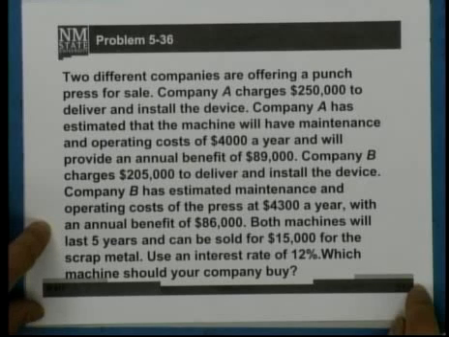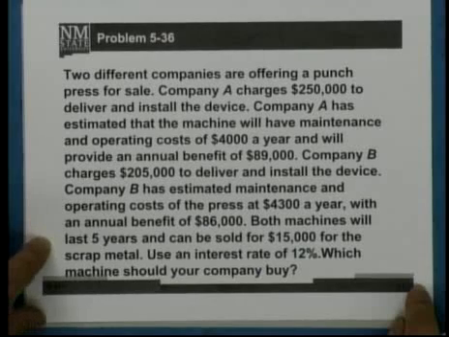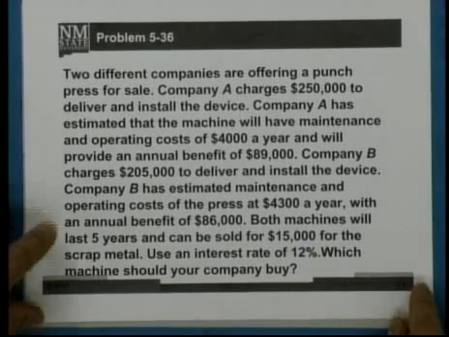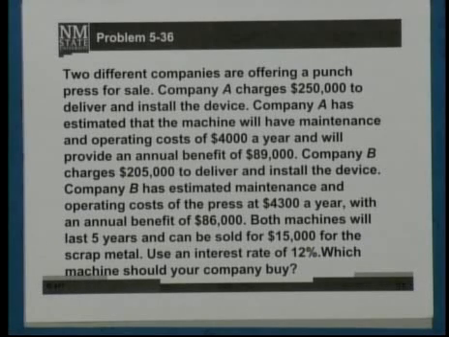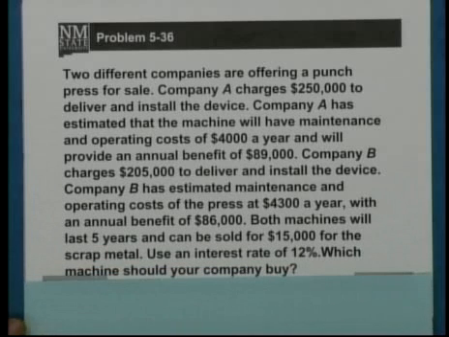Both machines will last 5 years and can be sold for $15,000 for the scrap metal. Use an interest rate of 12%. Which machine should your company buy? Again, using the present worth analysis we may provide the answer.